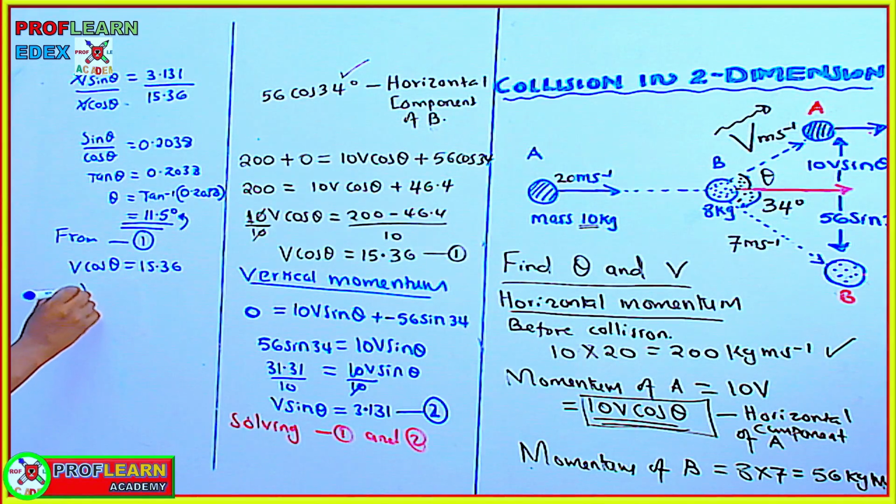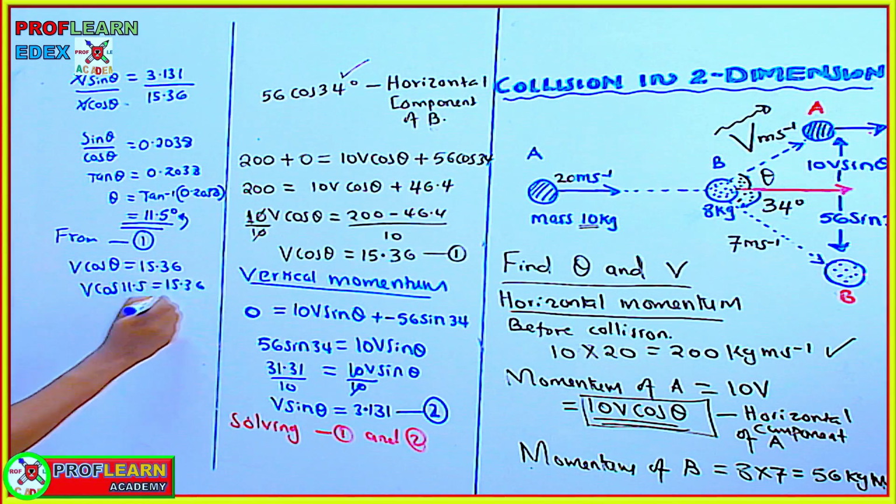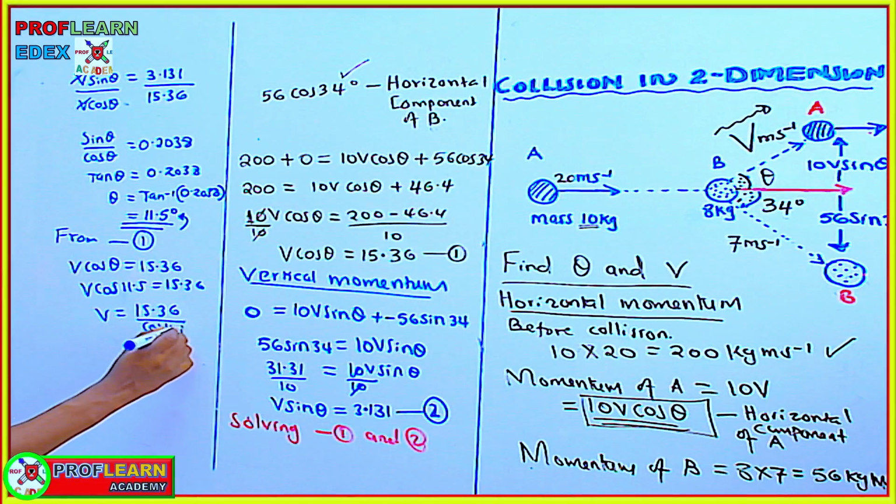So v cos 11.5 equals 15.36. We can say v is 15.36 divided by cos 11.5.